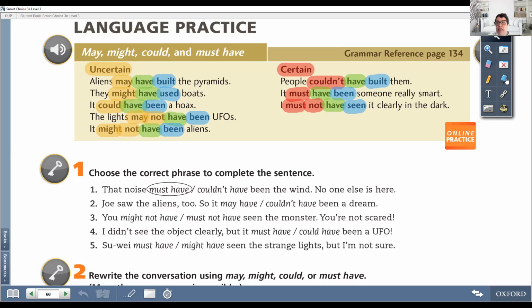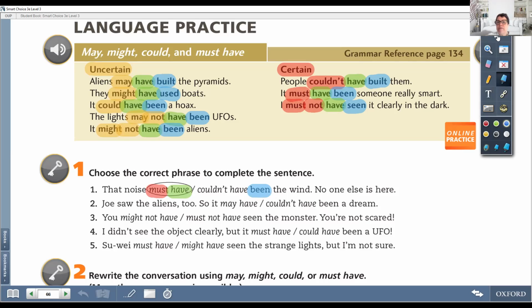Here, as you can see, we are using the modal of certainty. Okay, look, must. After that, we have to use the auxiliary verb have. So always like this. And after that, we use the verb in the past participle. Okay, so that is blue.